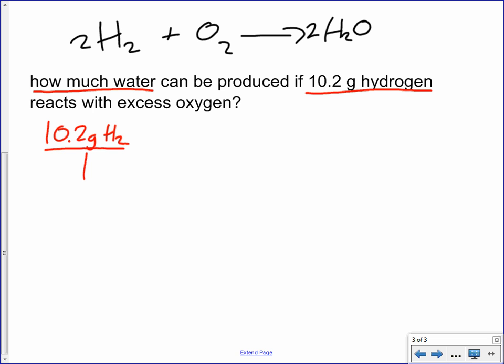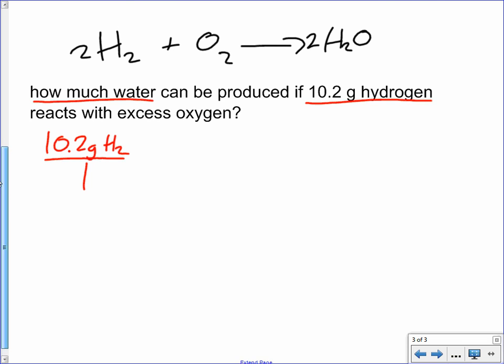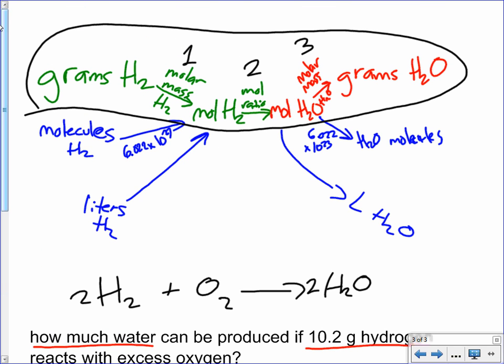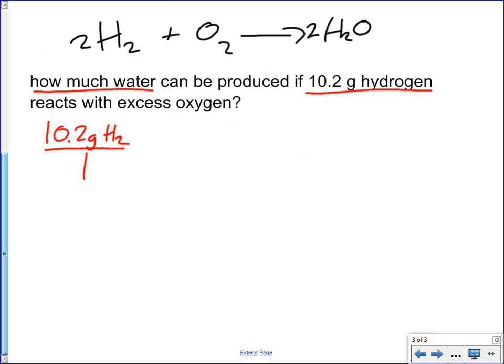So let's look back at our chart up here. So we're starting here, grams of hydrogen. We're ending here, grams of water. We're going to be 3 steps to get there. So I'm going to go through them one by one, slowly for this example.